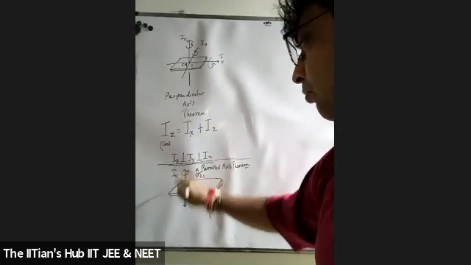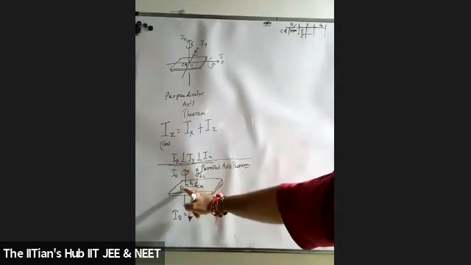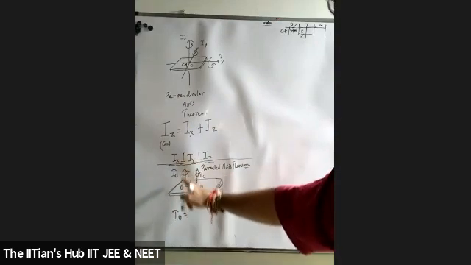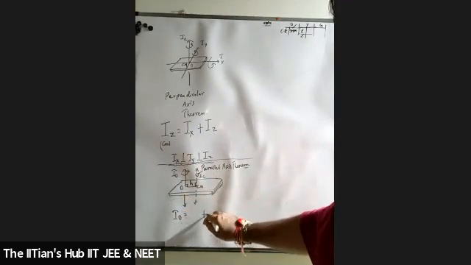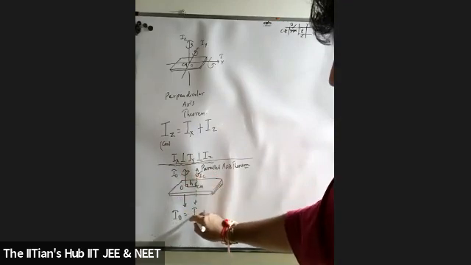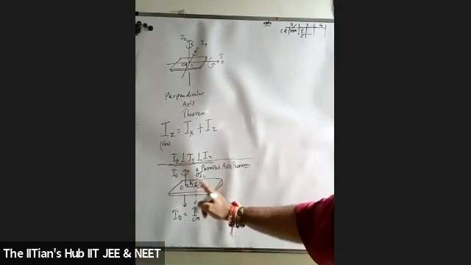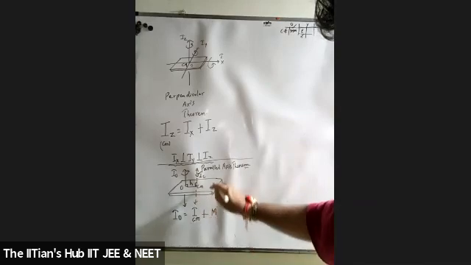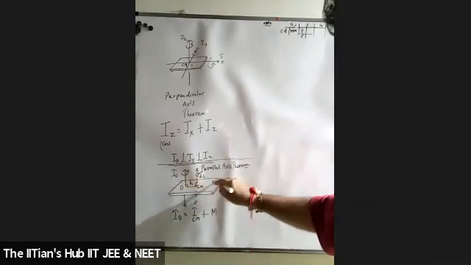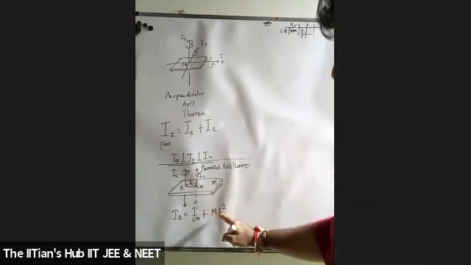for moment of inertia about any given axis? Moment of inertia about a given axis perpendicular to the lamina is equal to the sum of the moment of inertia about an axis always passing through the center of mass of that body, and the mass of the entire body, and square of the distance between the two parallel axes.